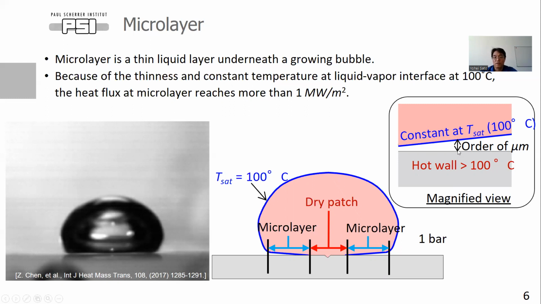As a result, we expect a higher heat flux in the micro layer, which reaches more than 1 megawatt per square meter.